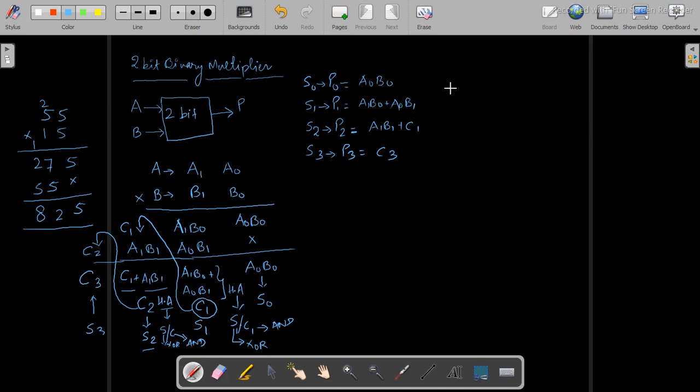So let us design the logic diagram for the 2-bit multiplier.